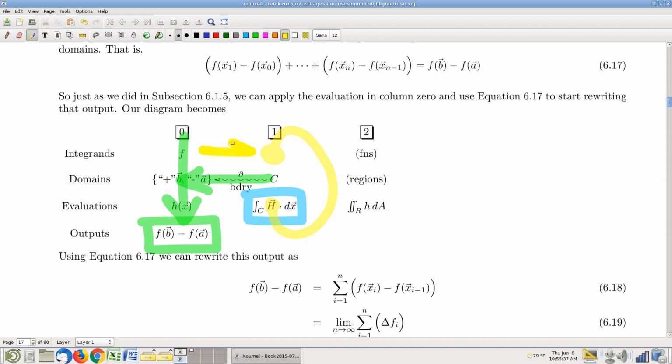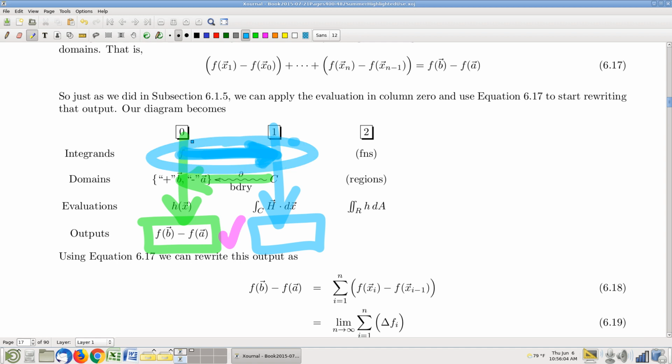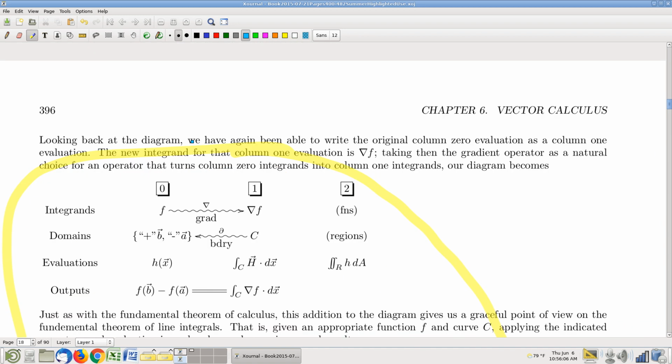What is that operator? What do I do to little f in order to make a vector field such that it gives me the same thing? And we have an answer to that question now. The answer is gradient. This thing right here, that is the gradient operator.